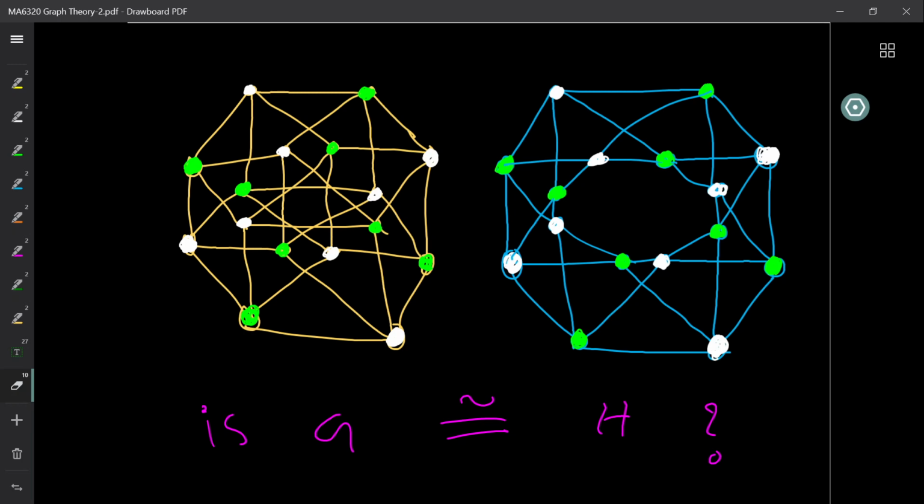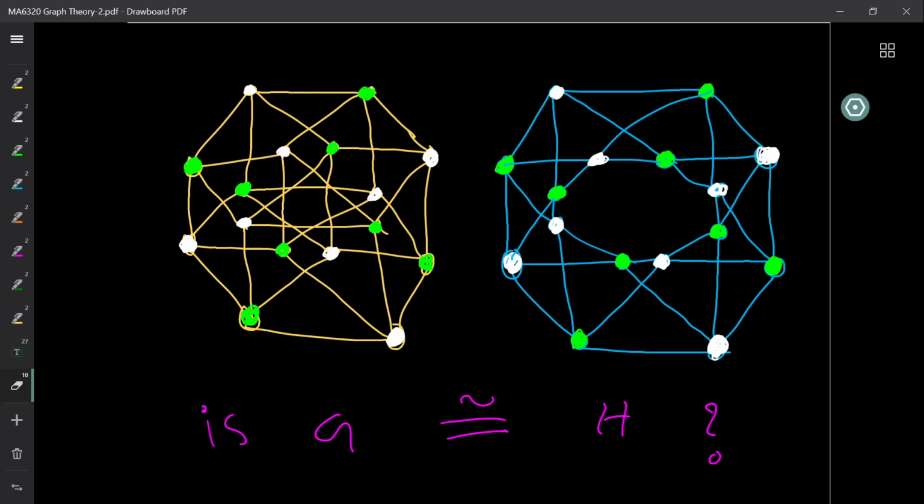Now, how do you show they are not isomorphic? I think I should leave it as an exercise, because it will be very instructive to work out and see whether you can find some way to say that they are not isomorphic. It's a nice question to think about.